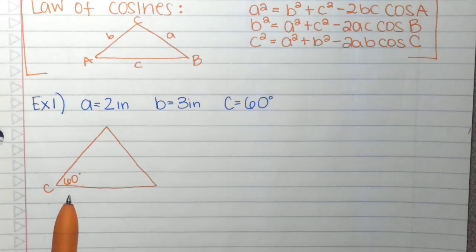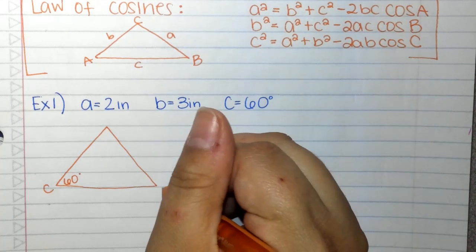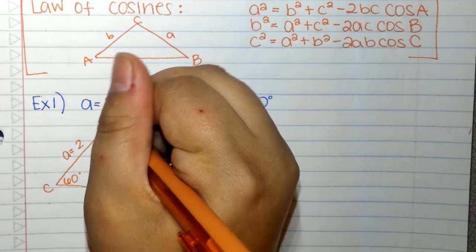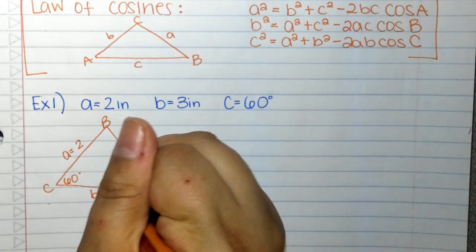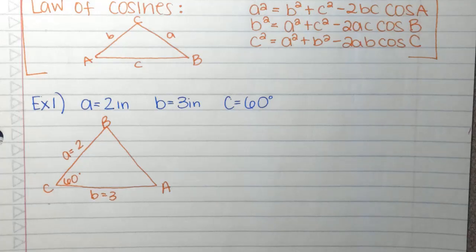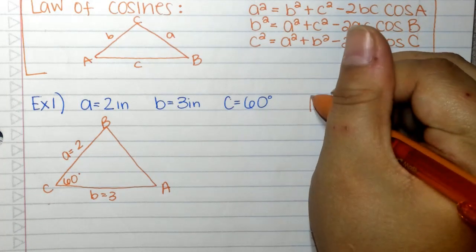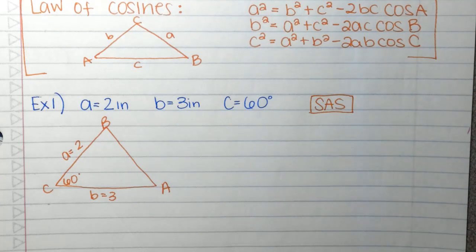So I don't know if I'm going to have to determine if there's two triangles. Now, as I do this, I'll realize, oh, look. It's SAS. It's two sides with an angle in the middle. So I don't have to do the number of triangles because it's not the ambiguous case.